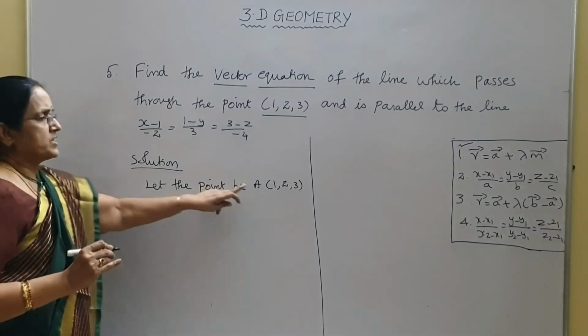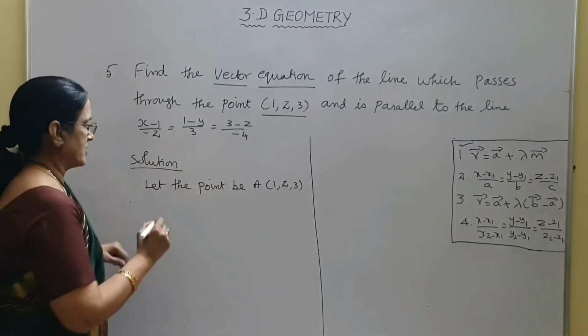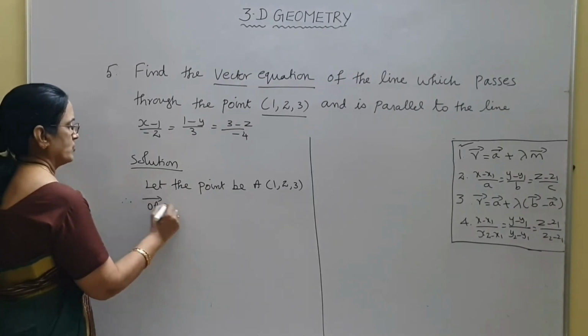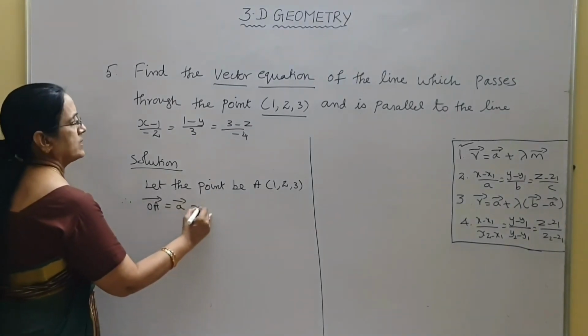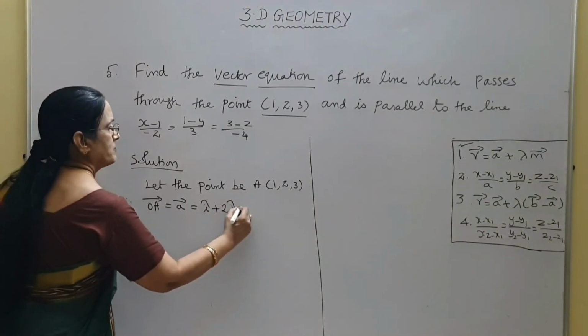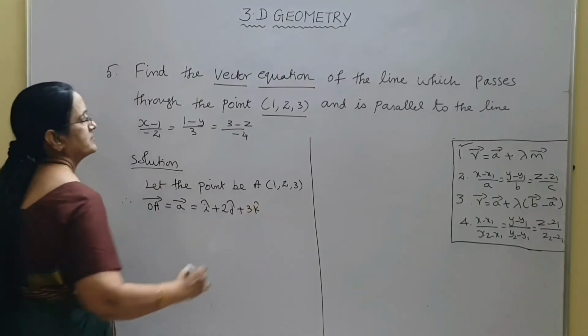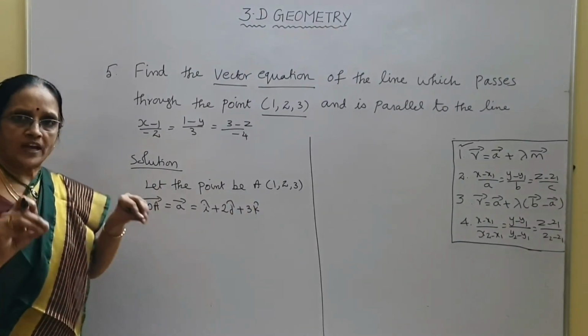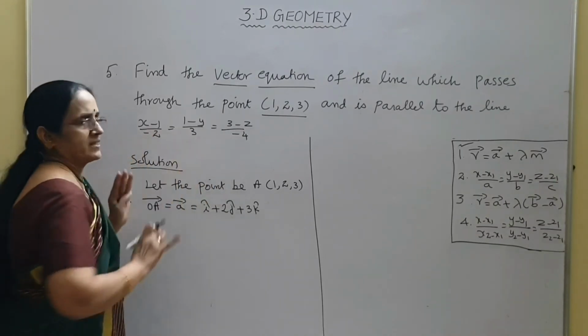Therefore, the position vector of the point A, that is vector OA, is equal to a vector, which is i cap plus 2j cap plus 3k cap. The direction of m is not known to us; we have to find it from this equation.